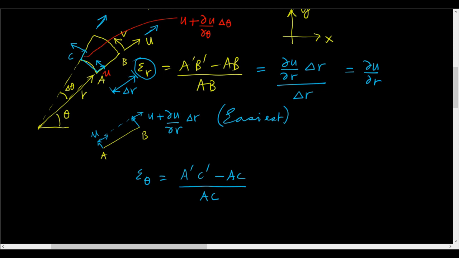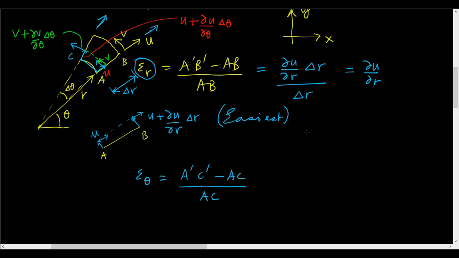Let me draw this with green. This is v and this is v plus del v del theta delta theta. The length of the arc itself is r plus u delta theta.